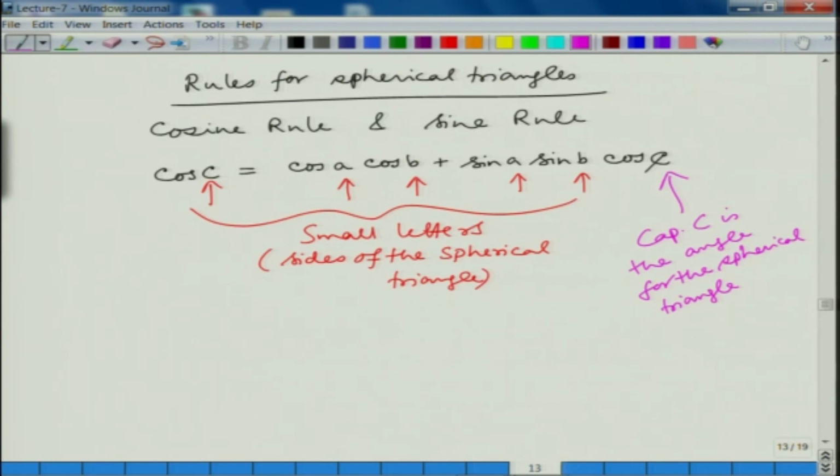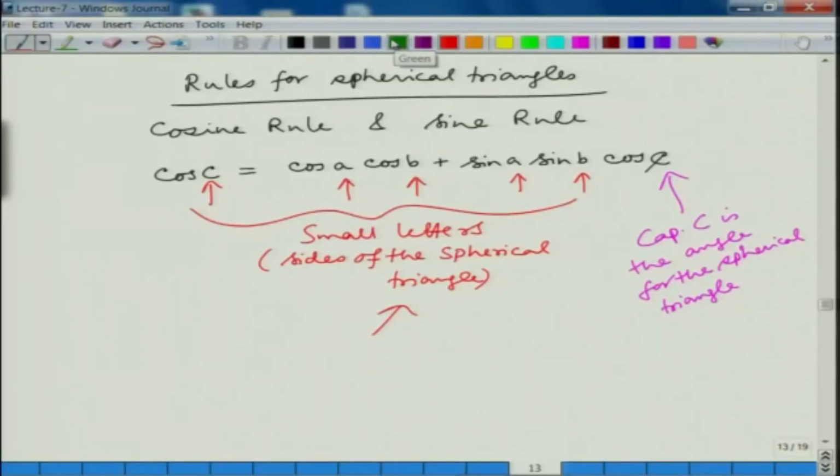Okay. So, now one question arises: how can we say cos of a side, what does it mean? Cosine is always associated with an angle, right? How can we say that it is a side? If you look at the spherical triangle again, let me quickly draw it here. Let us say we have a certain length on the surface of the sphere. Now, we have a center of the sphere also, right.